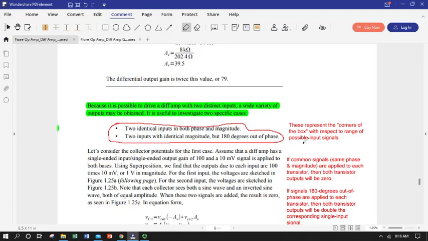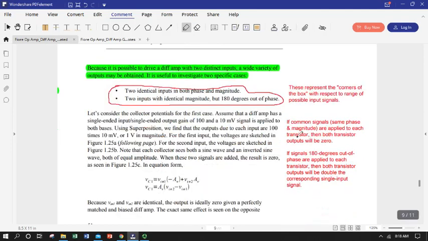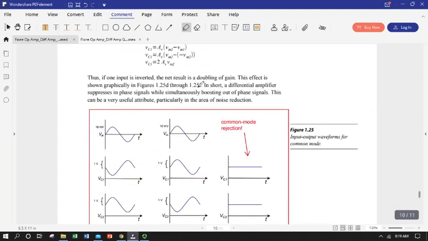So I'm not going to step through every one of these nuances, but I'll just refer you to the textbook where Mr. Fiore goes through these two corners of the box of two identical inputs in phase and the same magnitude, and two inputs of identical magnitude but out of phase. These represent the corners of the box of noise in the first case and a signal that we want to amplify in the second case. So we'll just step through those.